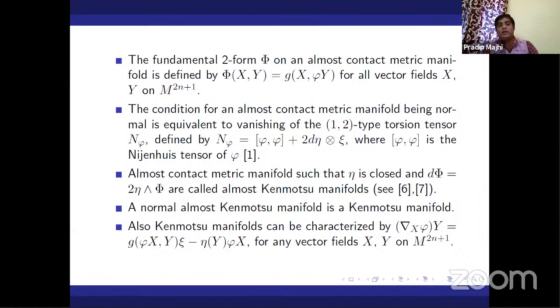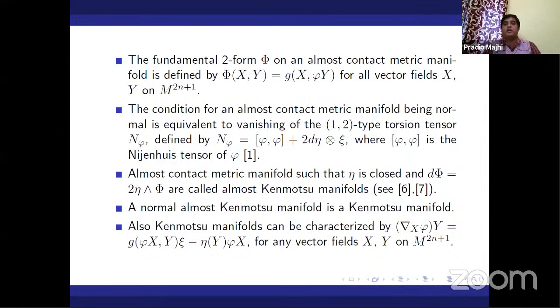for any smooth vector fields X, Y on M. Now we define the normality of an almost contact metric manifold. The condition for an almost contact metric manifold being normal is equivalent to the vanishing of the 1-2 type torsion tensor N phi, defined by this expression, where this bracket is the Nijenhuis tensor of phi.